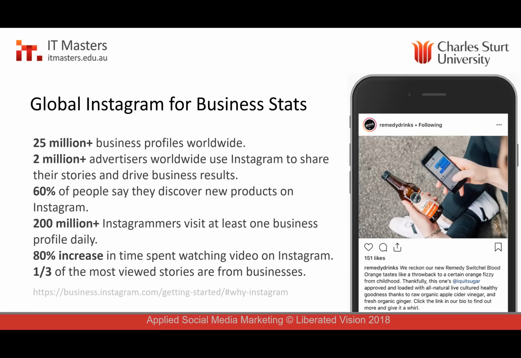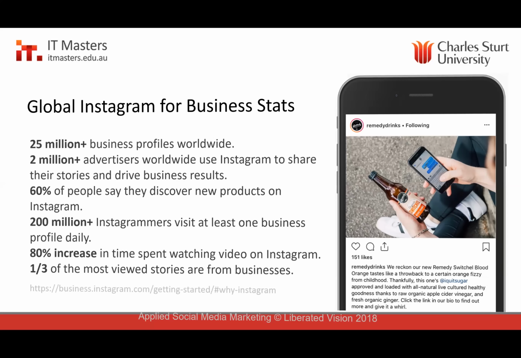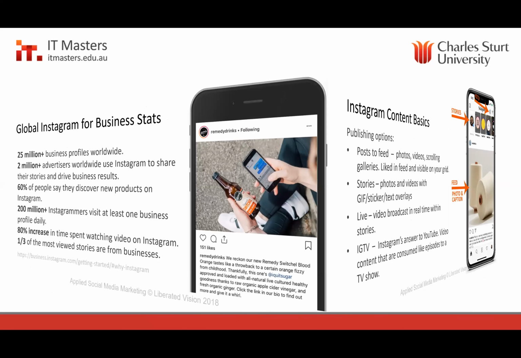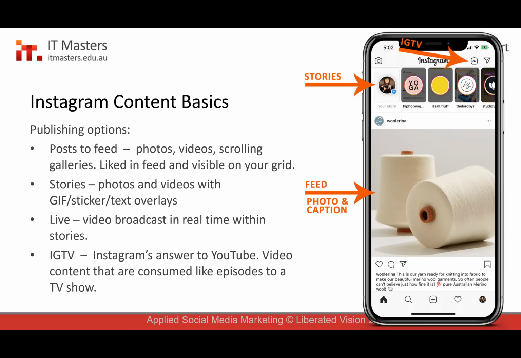Next slide, please. It's just loading. So jumping into the Instagram content basics, a lot of you, especially if Instagram's a key part of your brand, this will be a rehash, but here's some basics for those who are new to the platform. So we have our post to feed, which are just the posts where you take a photo, caption, hashtags.